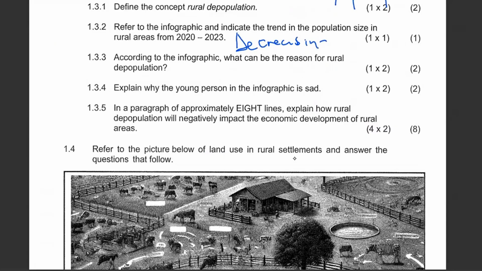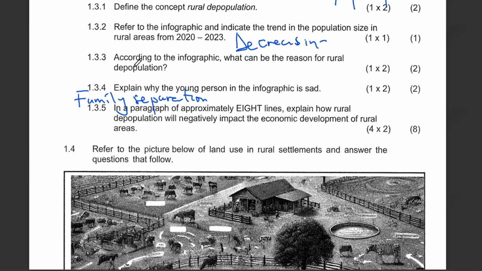Right, one most definite reason here is family separation. We know well that it is mostly the productive people who move from the rural areas going to cities and towns to try and find job opportunities, leaving the elderly and the young ones.